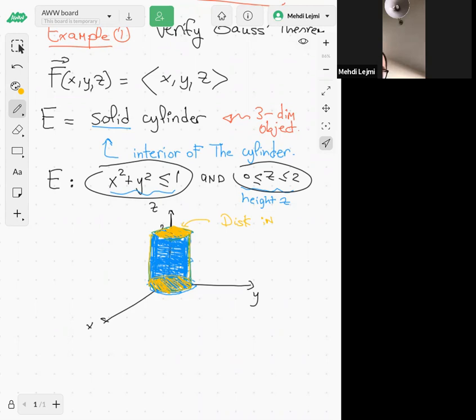So this disc in the top is in the boundary, and this disc here in the bottom is also in the boundary. And then of course we have the lateral cylinder. This is also in the boundary of my solid E, right?